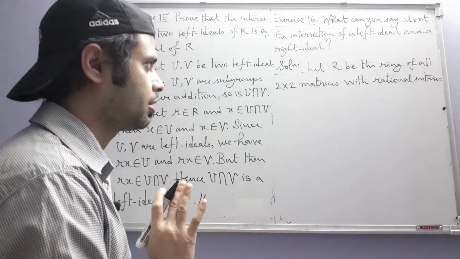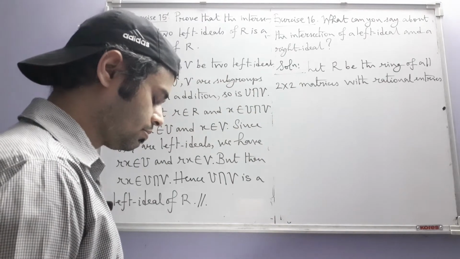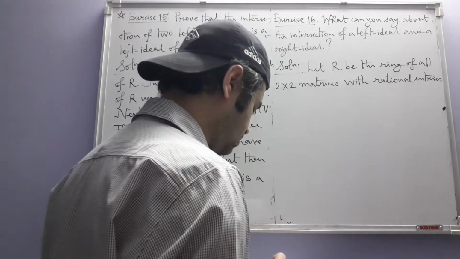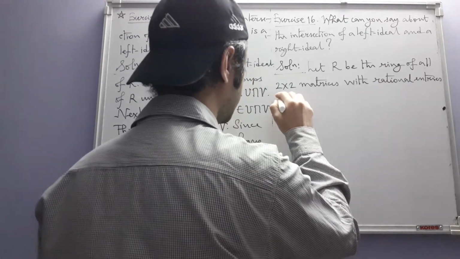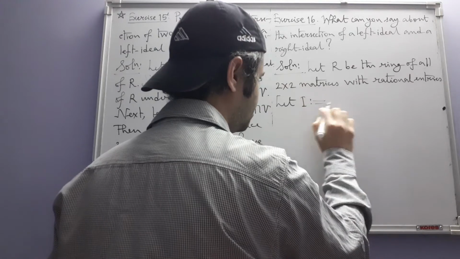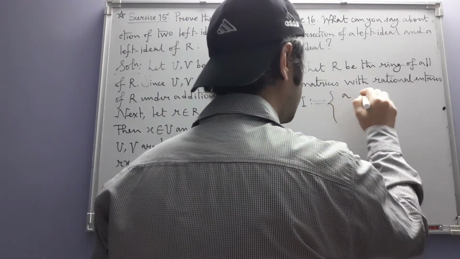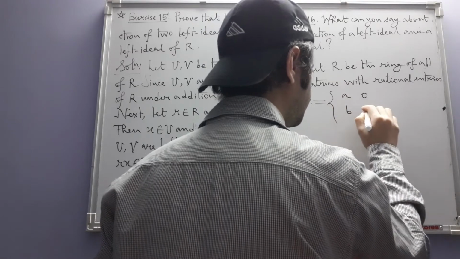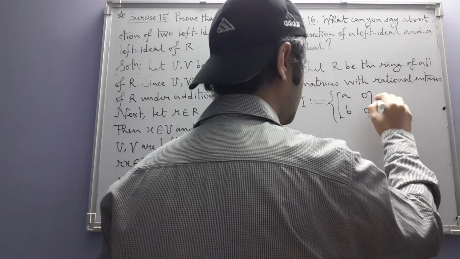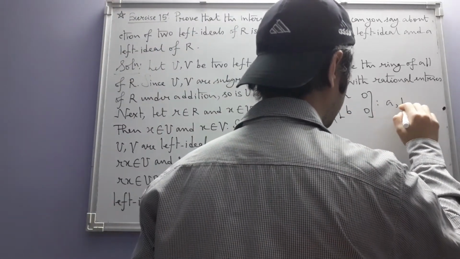should be rational numbers. And now we are going to give examples of two ideals, I mean a left ideal and a right ideal. Let I be this set where A and B are rational.